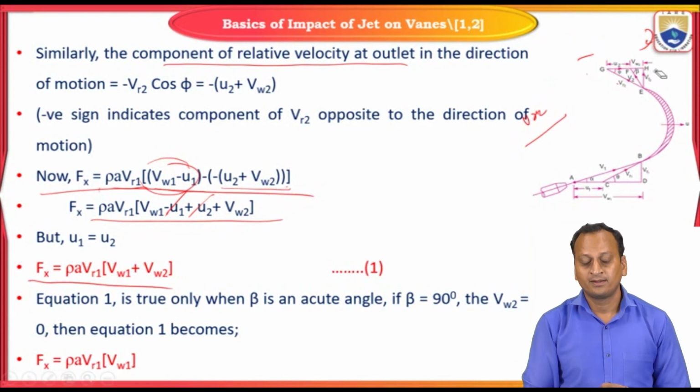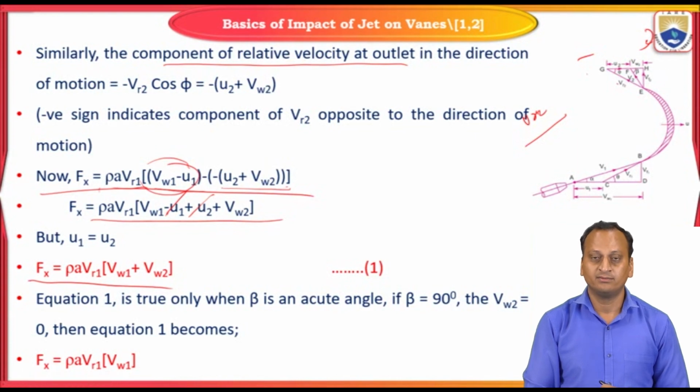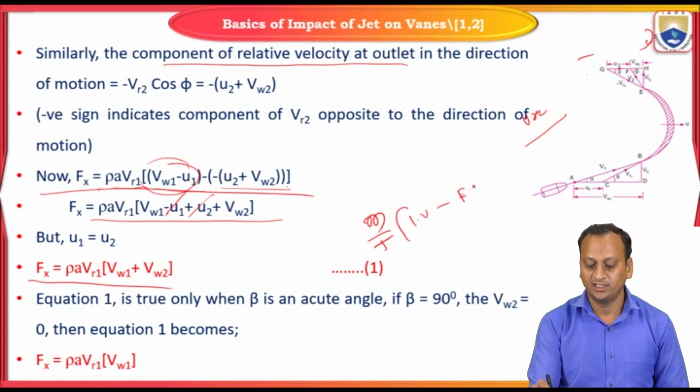Because the rate of change of momentum is nothing but the mass per time into initial velocity minus final velocity. Here density is nothing but mass per unit volume, so mass is density into volume.